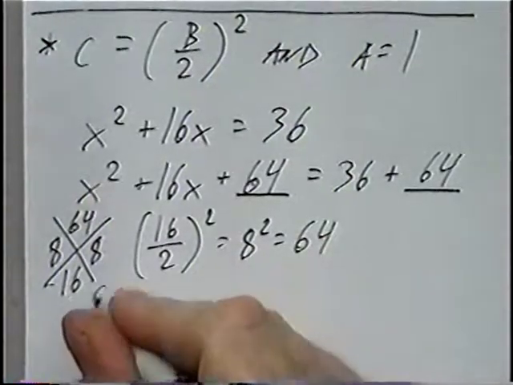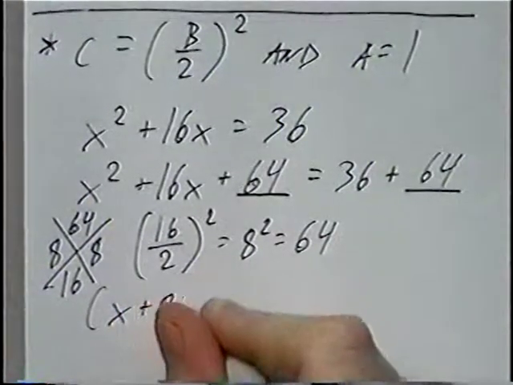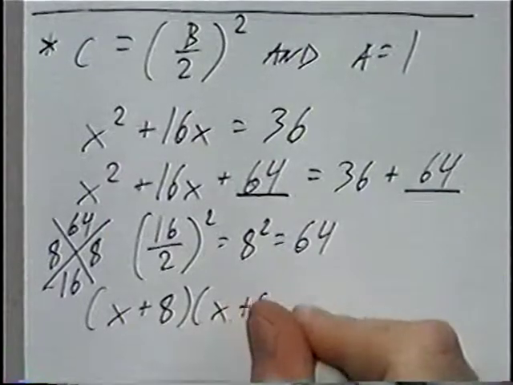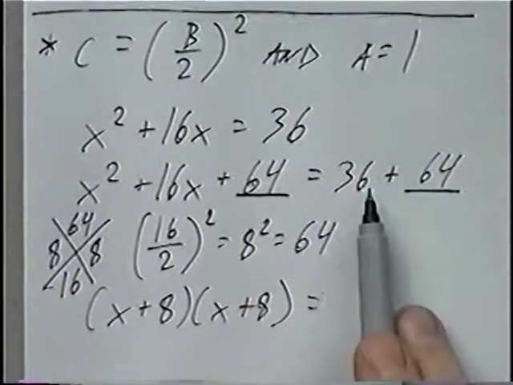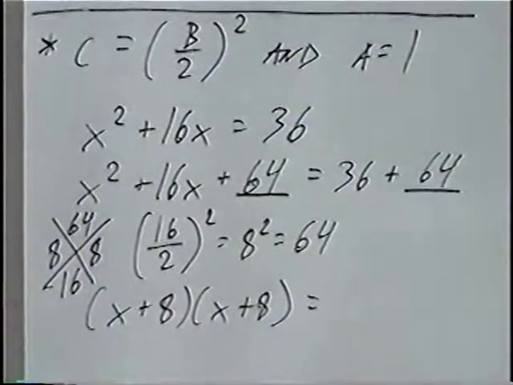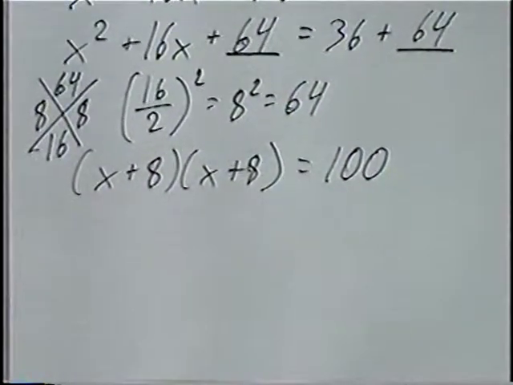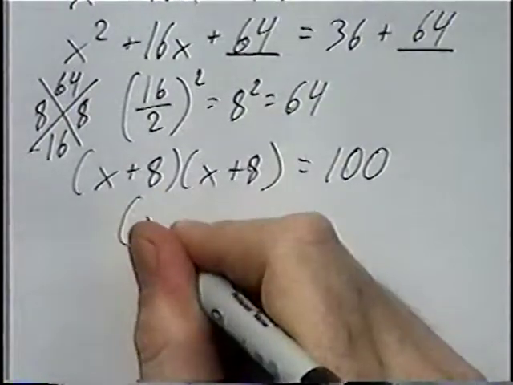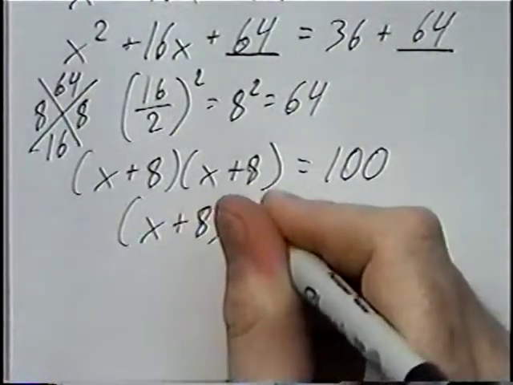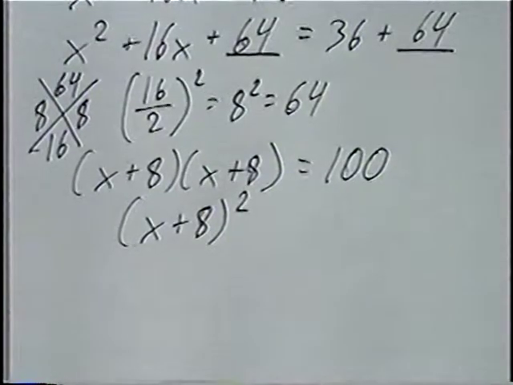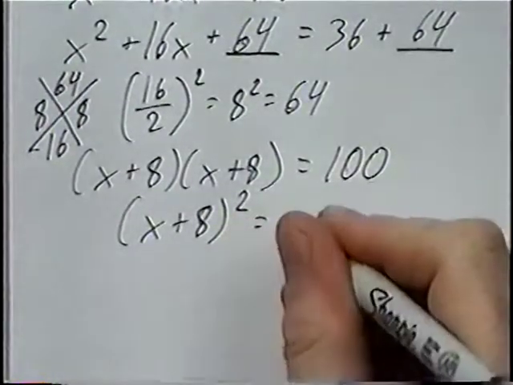So factoring this trinomial, we have x plus 8 times x plus 8 equals 36 plus 64, which is 100. We have the same parentheses twice, so we can rewrite that as x plus 8 squared equals 100.